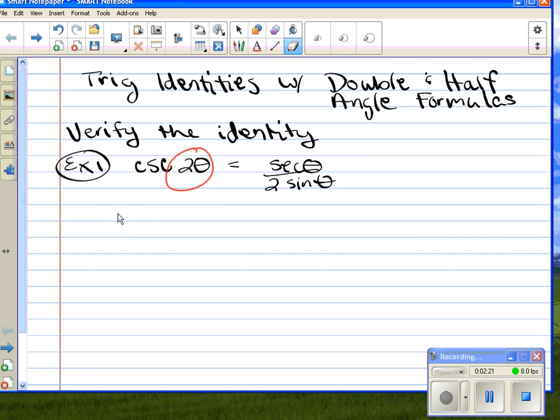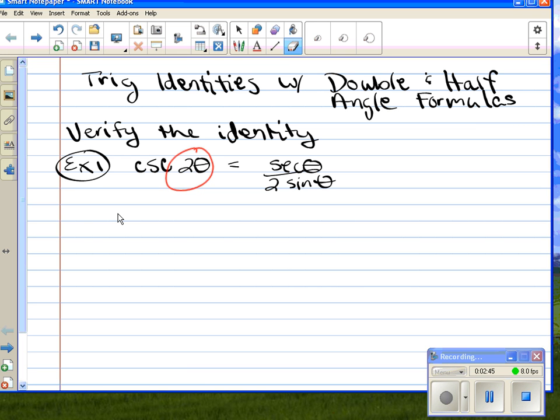I can't compare the left side to the right side until both of these are talking about either theta or they're both talking about 2 theta. I can't have one side talking about 2 theta and the other side talking about theta. And no, I can't just divide both sides by 2 because I'm not allowed to separate the angle from the trig function. I've got to treat this as one big group.